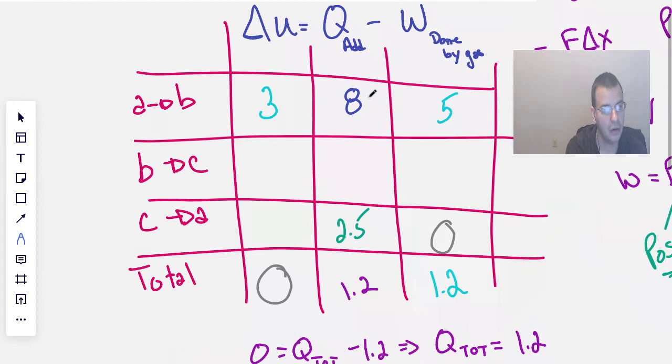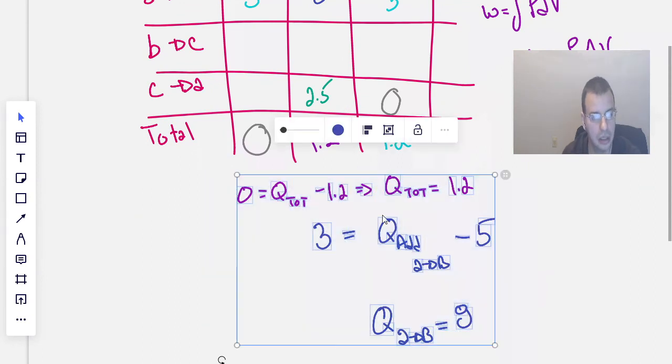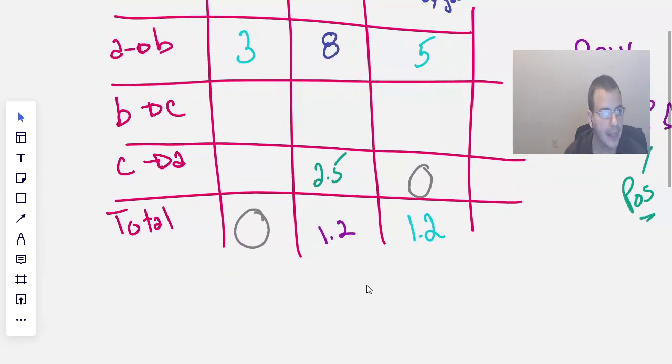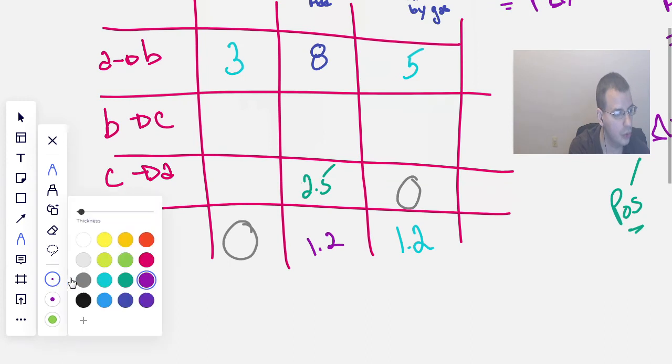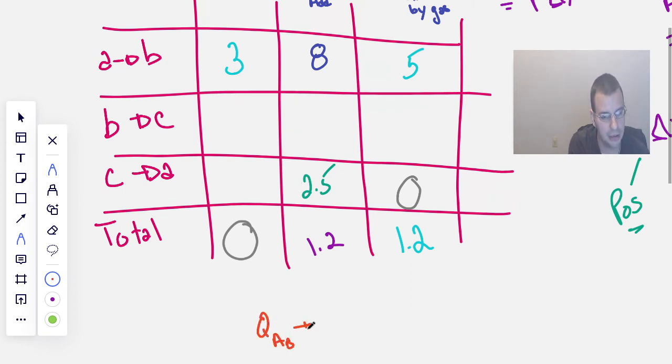Now we're going to erase these real quick. We know that we can add up all of these, sort of. You'll see what I mean. QAB plus QBC plus QCA equals Q total.